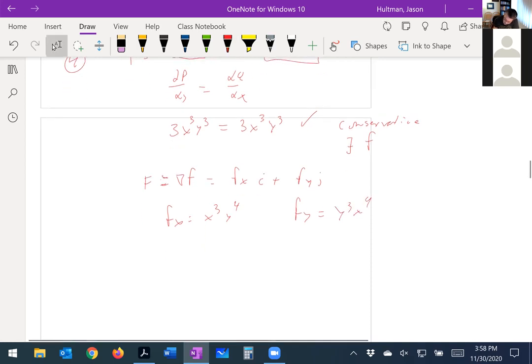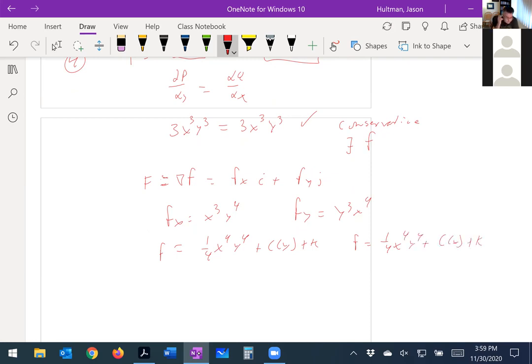So let's integrate with respect to x here. That's going to be 1/4 x to the fourth y to the fourth plus something with respect to y plus k. With respect to y, it's the same thing: f is equal to 1/4 x to the fourth y to the fourth plus c of x plus k.